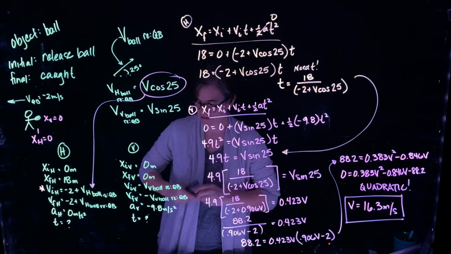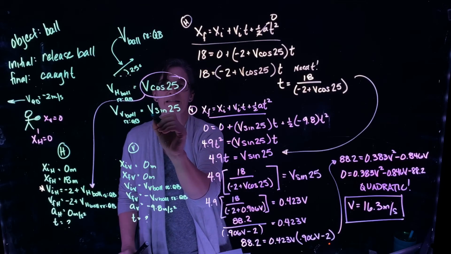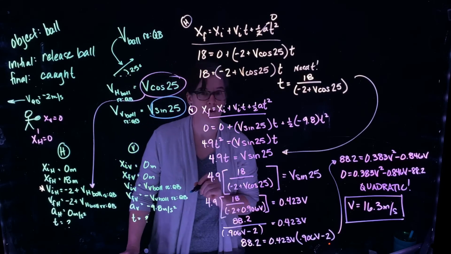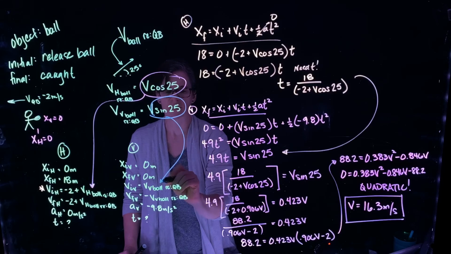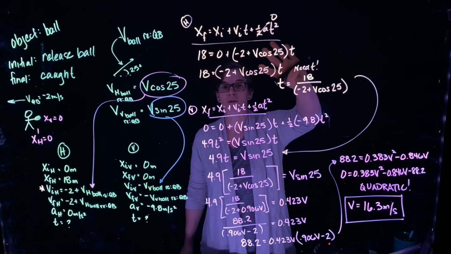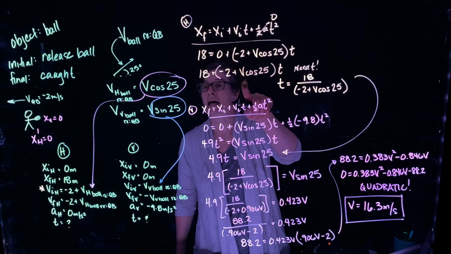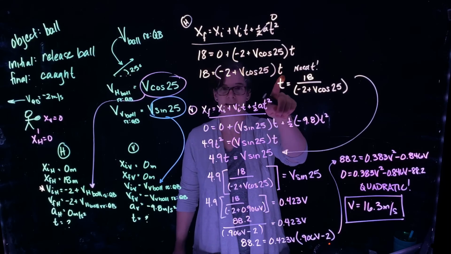Similarly, we want to recognize that the vertical velocity of the ball relative to the quarterback is related to the velocity of the ball relative to the quarterback. So we can use that in that relationship, which allows us to get an equation in terms of the velocity of the ball and time.